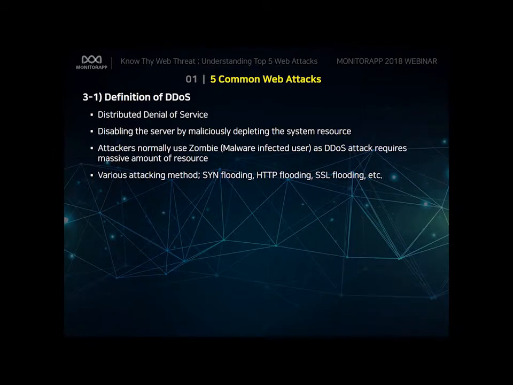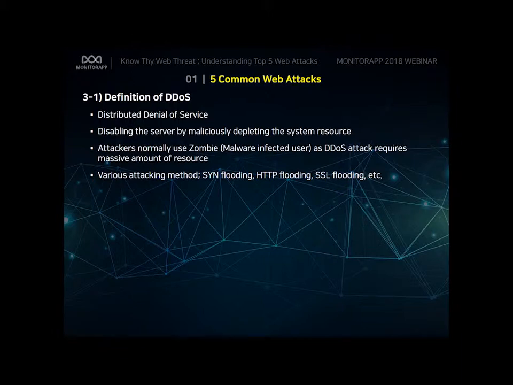DDoS is one of the most common web attacks. This is because the attack method is very easy and simple. As its name suggests, DDoS depletes the system resources to disable the server from its service.